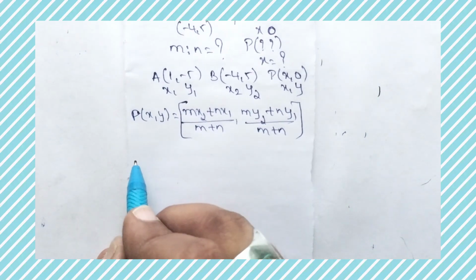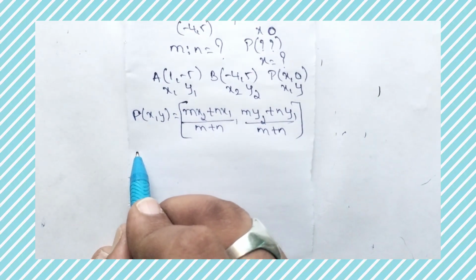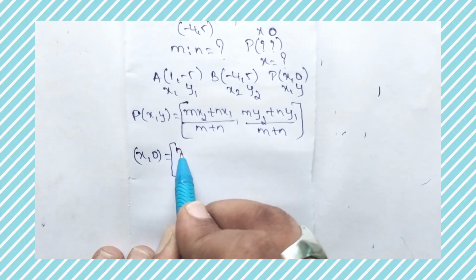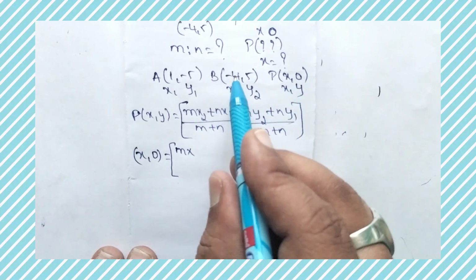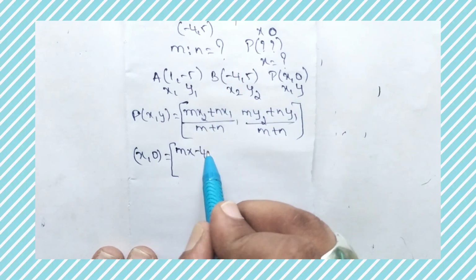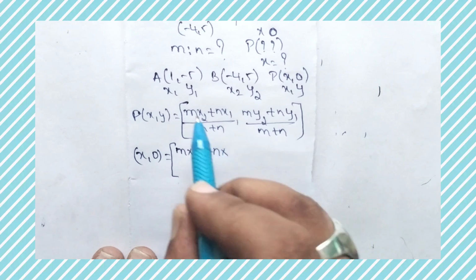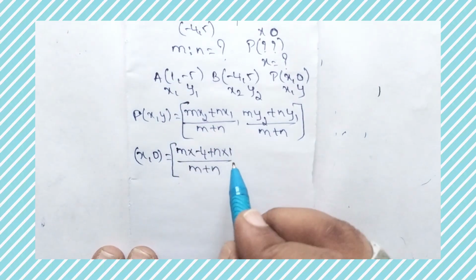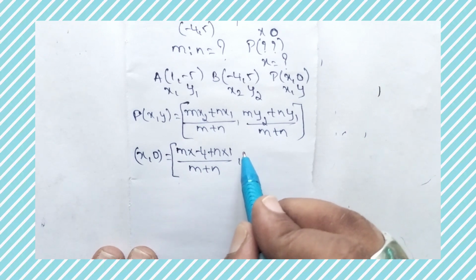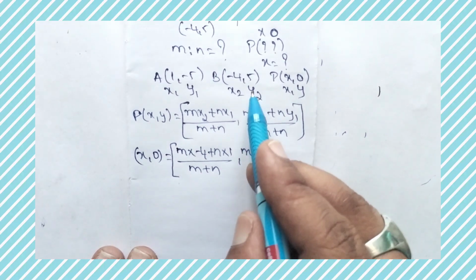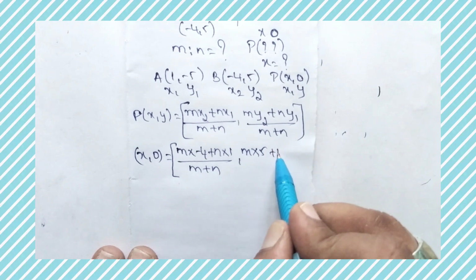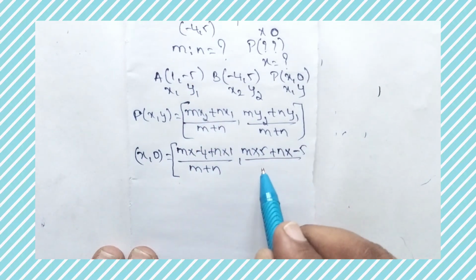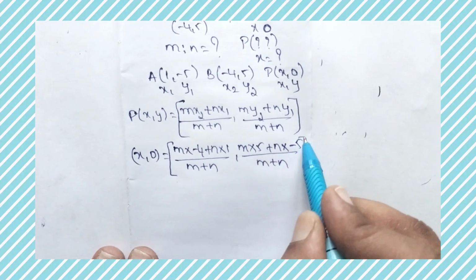So what is P(x, y)? That is x, 0 is equal to, m into x2, what is x2? -4, plus n, which we don't know, into x1, which is 1, divided by m plus n; m into y2, what is y2? 5, plus n into y1, what is y1? -5, divided by m plus n.